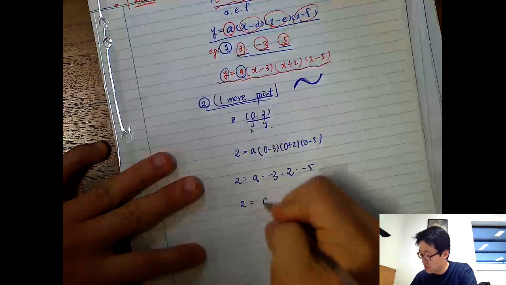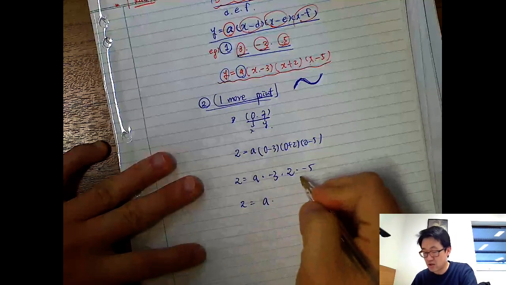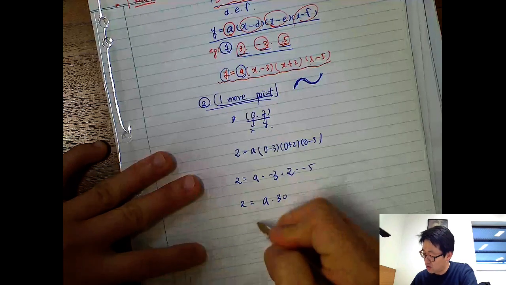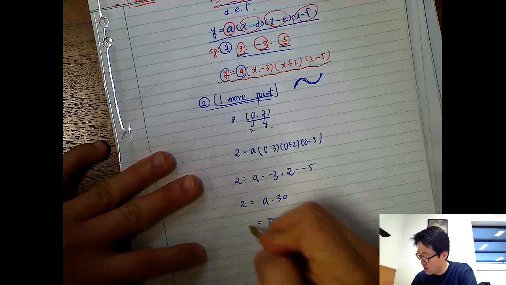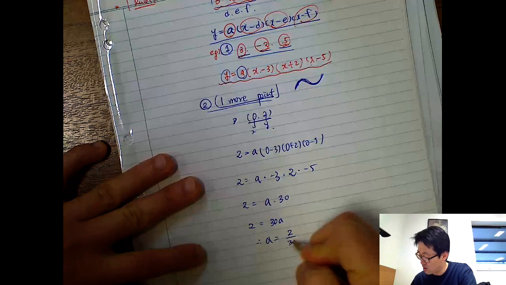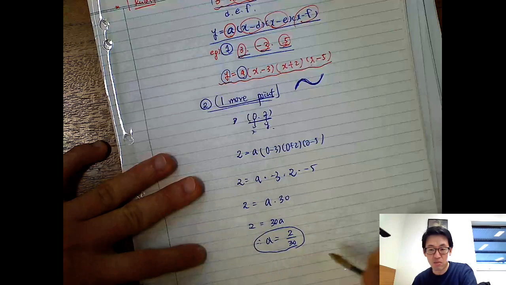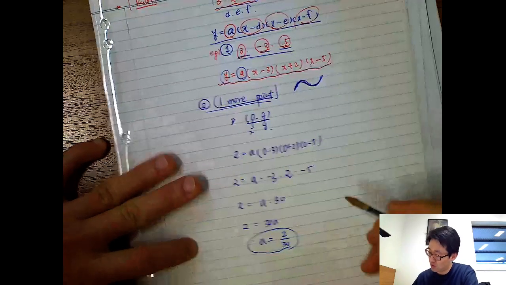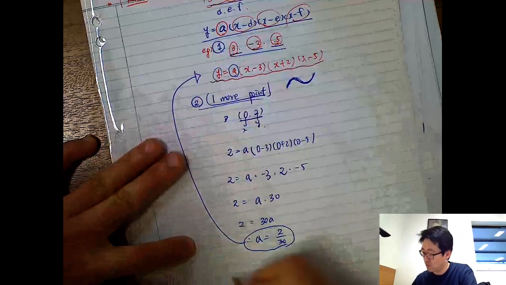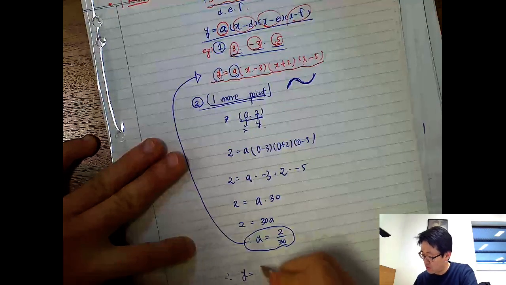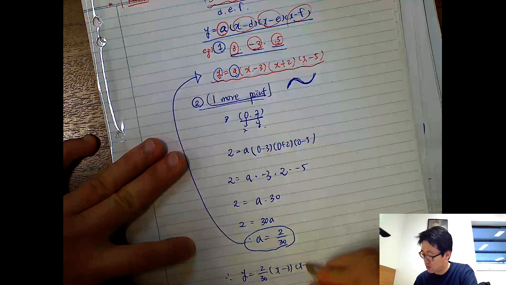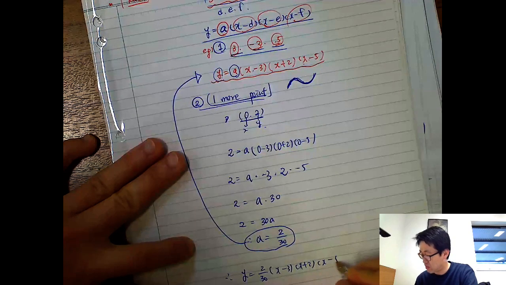Then 2 equals a, minus times minus is plus, then 30. So that's 30a equals 2. Therefore a equals 2 over 30. I just made up the number, so we got a fraction here. But all I need to do is go back and plug in: y equals 2 over 30 times (x minus 3)(x plus 2)(x minus 5).